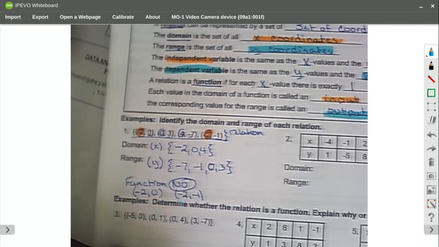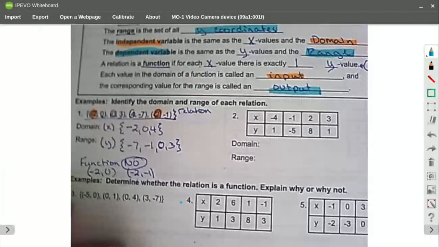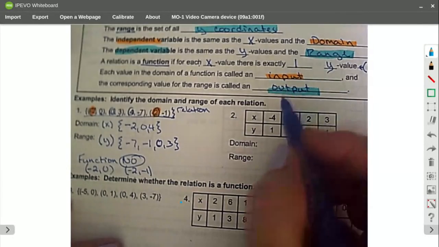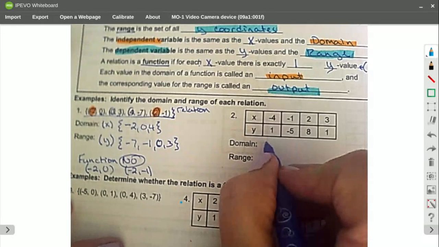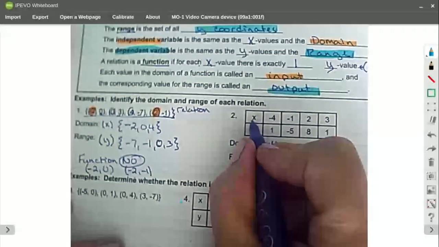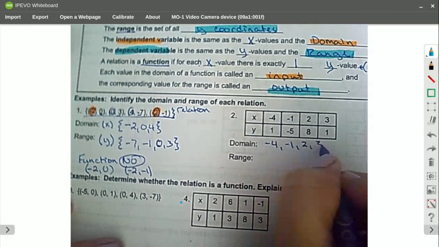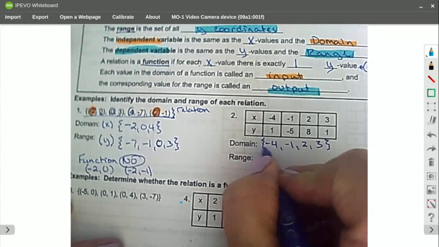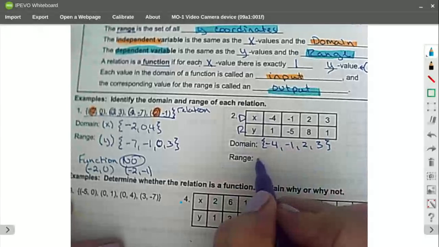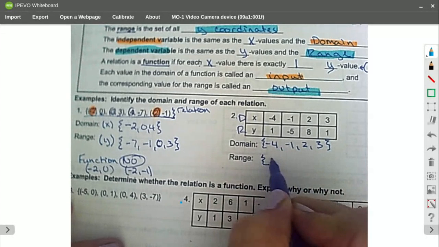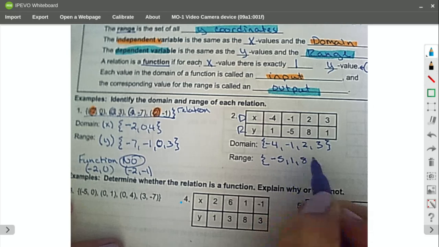Okay, let's look at it again over here on a table. Domain is my x, so -4, -1, 2, and 3. Range is my y, so -5, 1, 8.